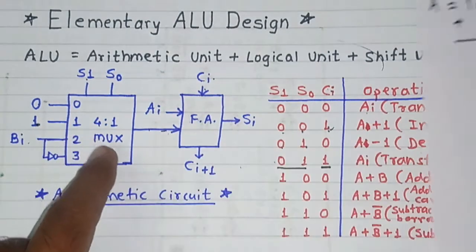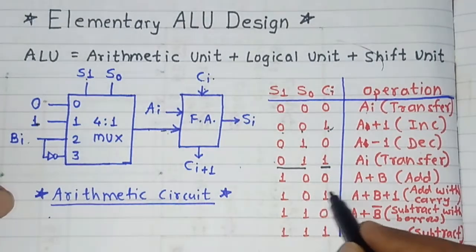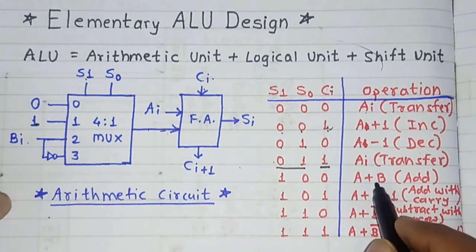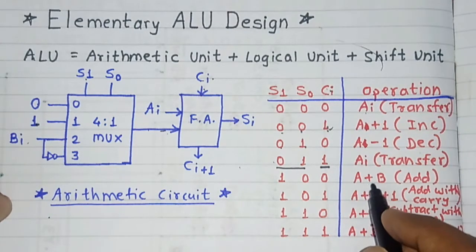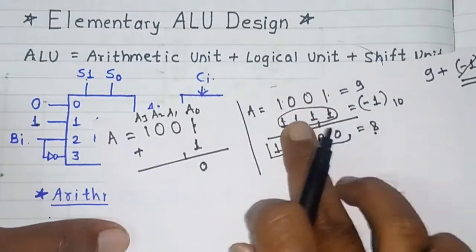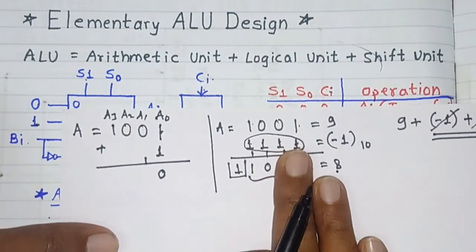Now the next operation is addition. The addition operation can be performed when we want to add two 8-bit values or 4-bit values. I am just considering 4-bit values here as an example. You can consider 8-bit values also, no problem.